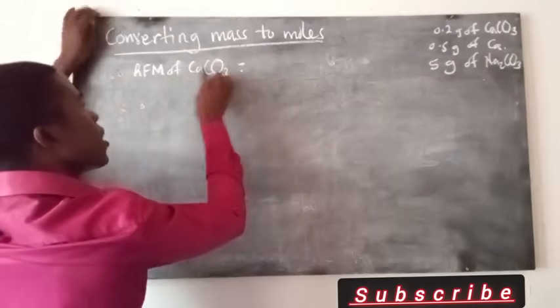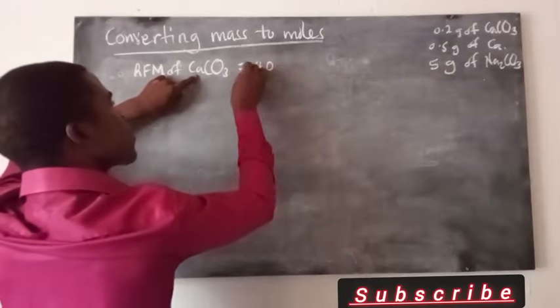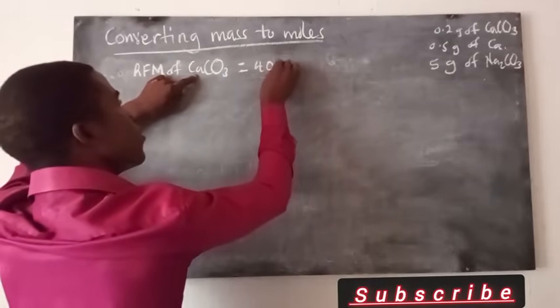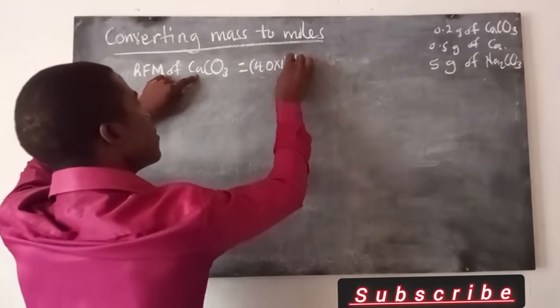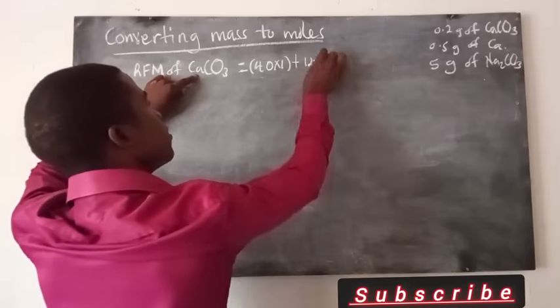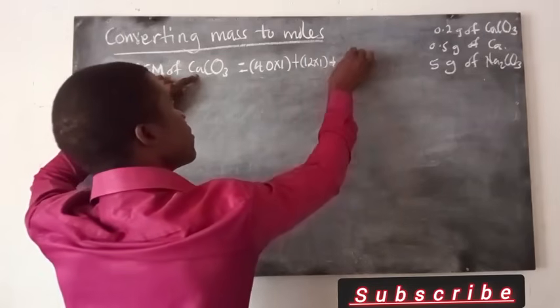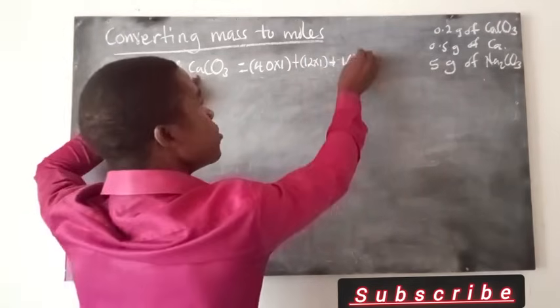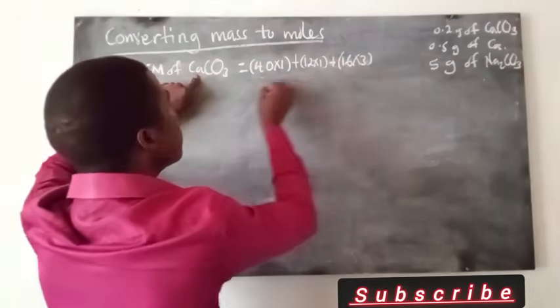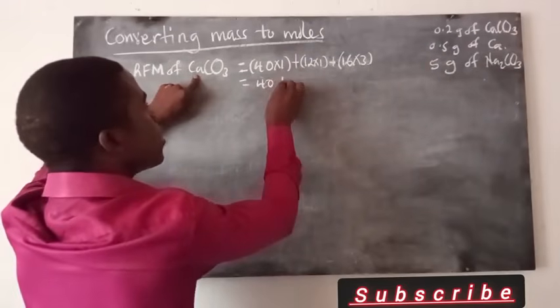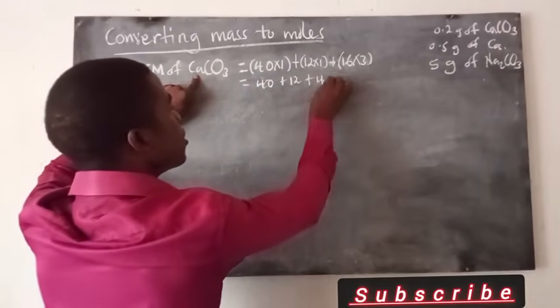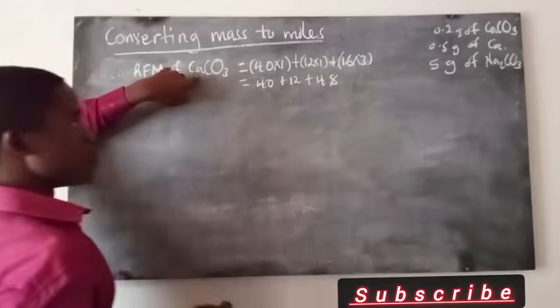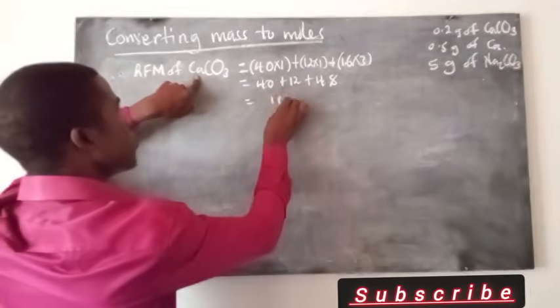Calcium equals 40 times 1 calcium atom, plus 12 times 1, plus 16, which is for oxygen, times 3. So this is 40 plus 12 plus 48, and we get 100.